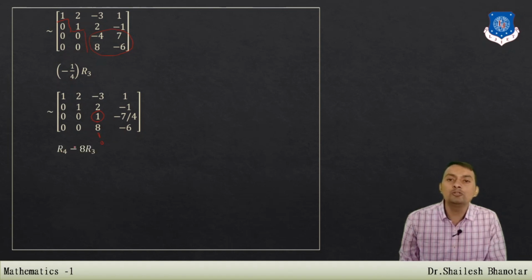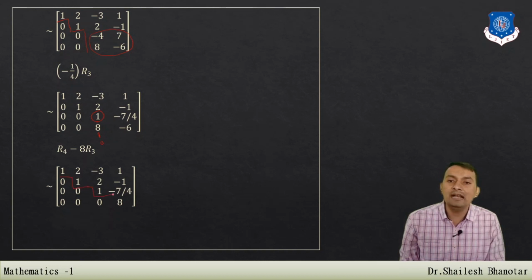Therefore, fourth row minus 8 times R3, and we will have this, and you can observe that each row has a leading entry which is non-zero. In fact, you can say this is the row echelon form.